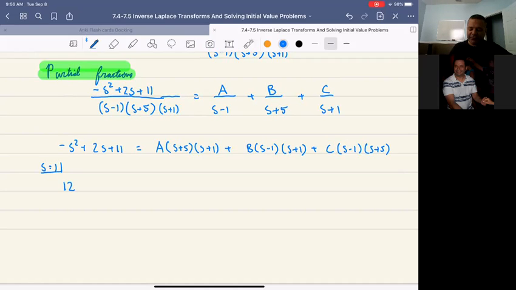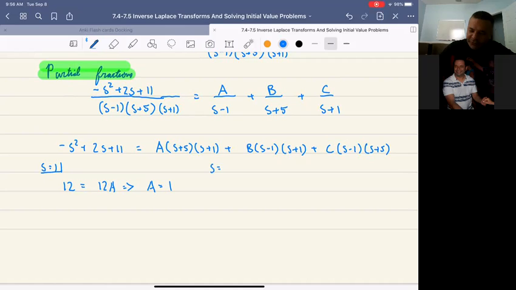So if s equals 1, I get 12 equals, and on the right-hand side, this is 0, this is 0, and what do I get? 6 times 2, 12. So I get 12A equals 12. Boom, I have A equals 1.